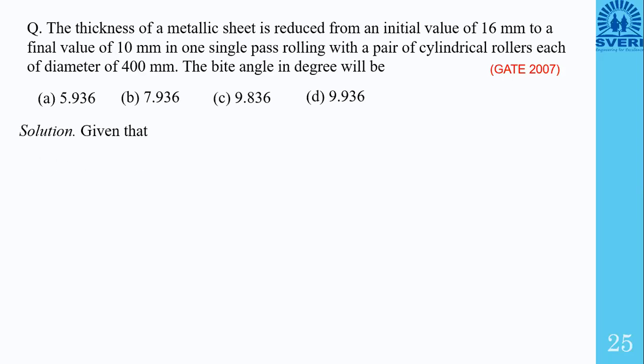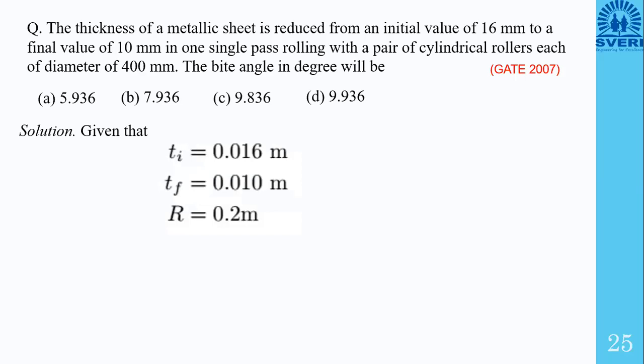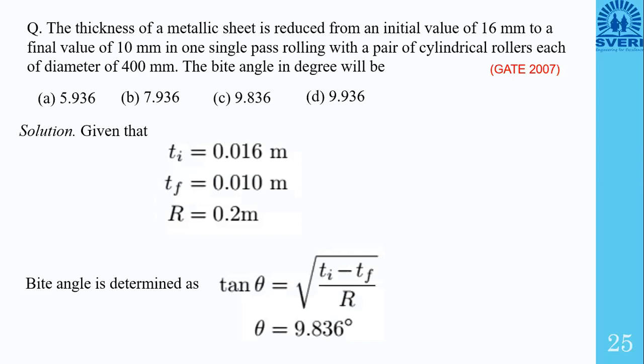Given data: Ti is given, Tf is given, and R is given. Bite angle is determined as tan theta equal to the root of (Ti minus Tf) divided by R. Whatever the tan theta value comes, you have to take the tan inverse value. That tan inverse value is 9.836 degrees, and the answer is C. So C is the correct answer here.